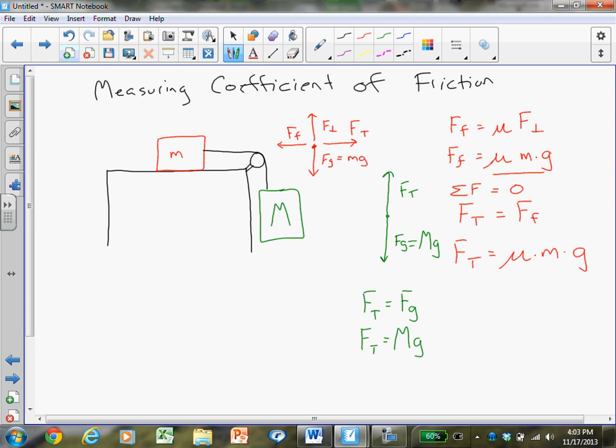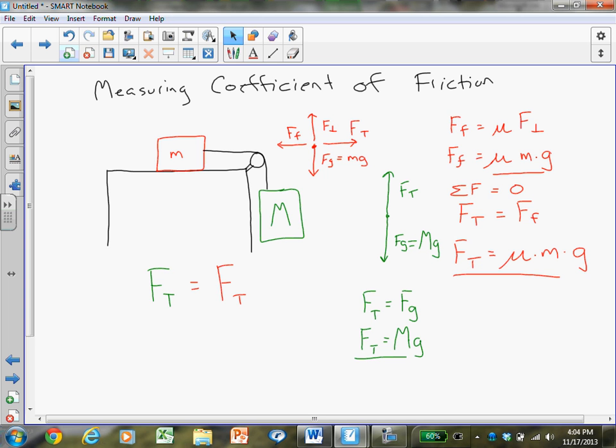Now the thing about this is that the tension in the rope is the same. So we could set these two equal to each other. And when we do that, we get Ft equals Ft, and that gives us big M times g equals mu times little m times g.